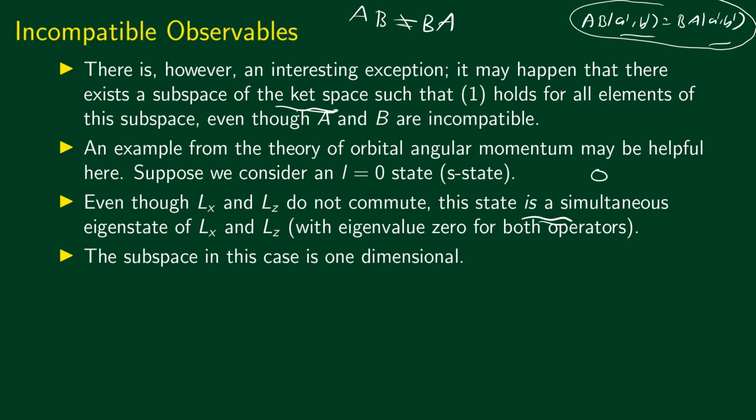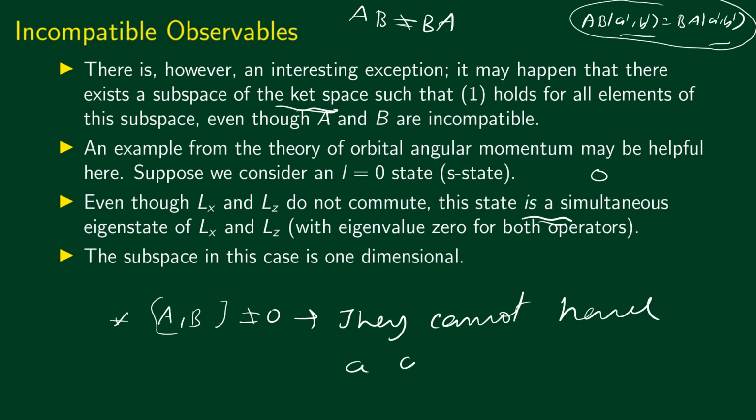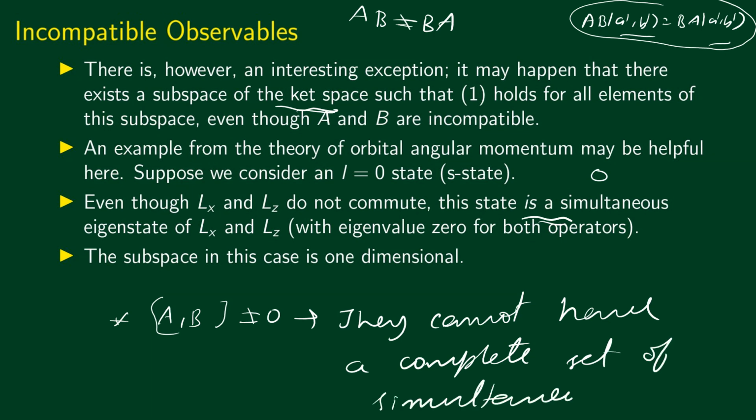Okay. So what we can say is that if A and B do not commute, then they cannot have a complete set of simultaneous eigenkets.